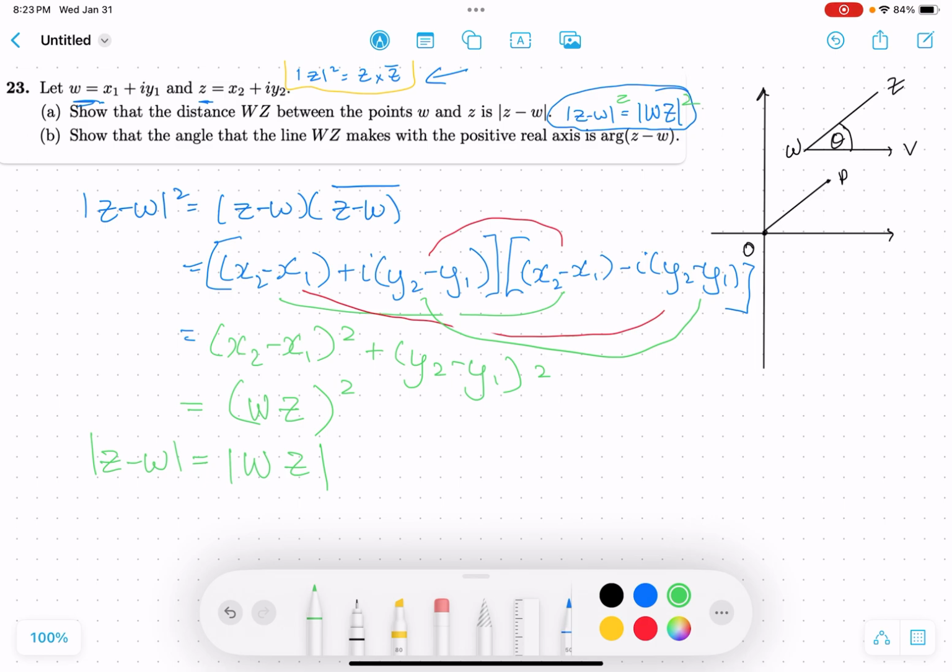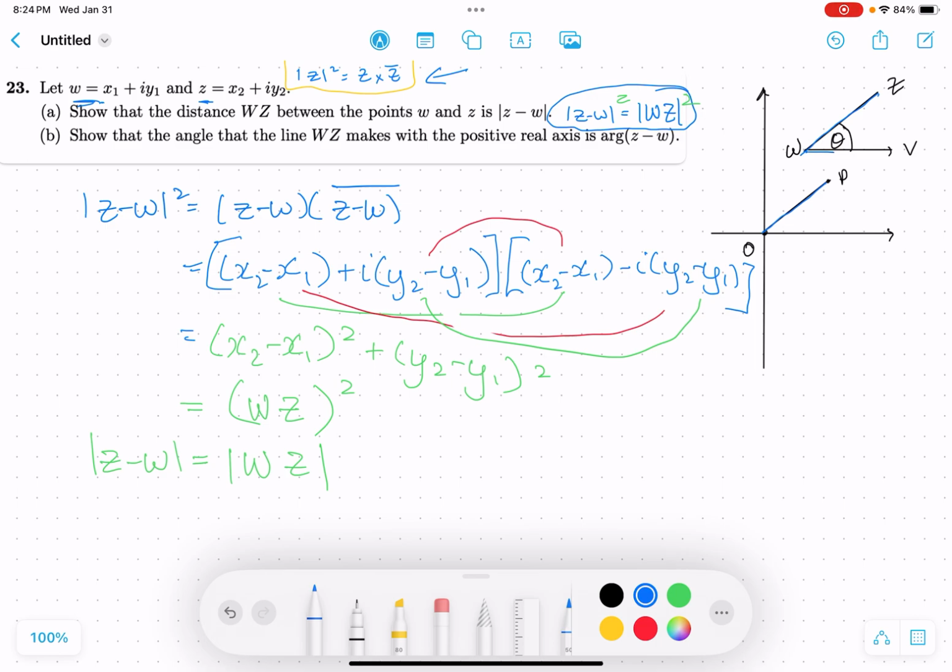And then it's just asking you to show that the angle the line WZ makes with the positive real axis is the argument of Z minus W. Well, if we just make this length the same as this length, you can see it geometrically anyway, length WZ would equal length OP if we just shift that line over.